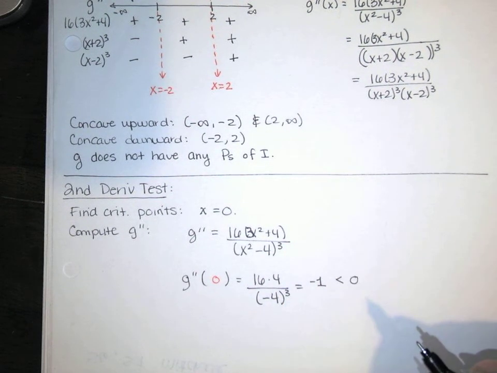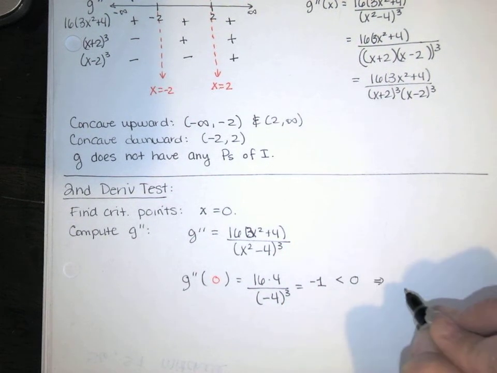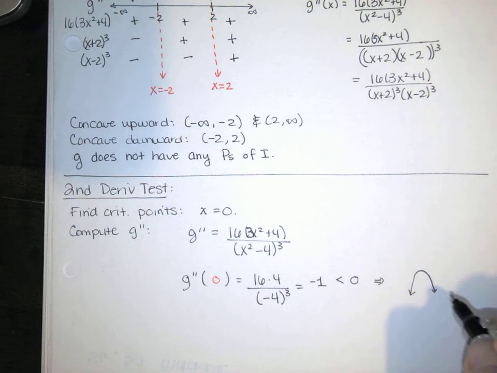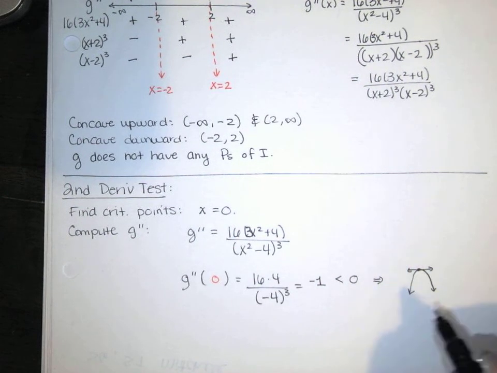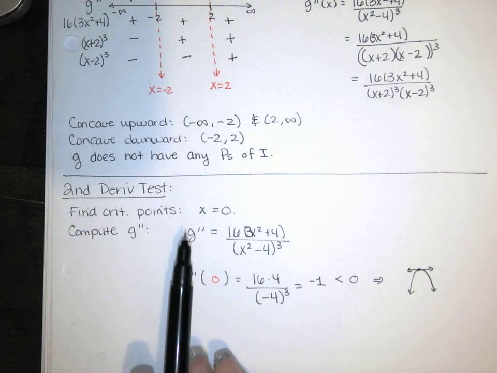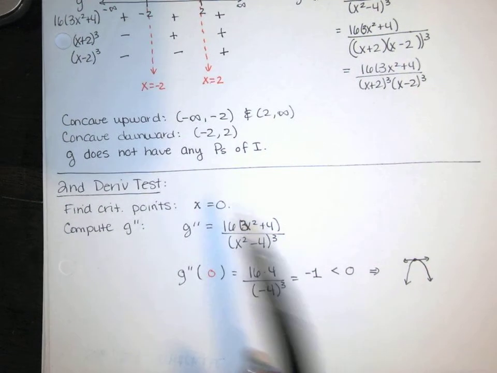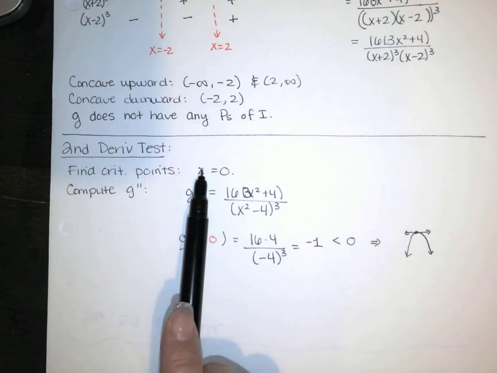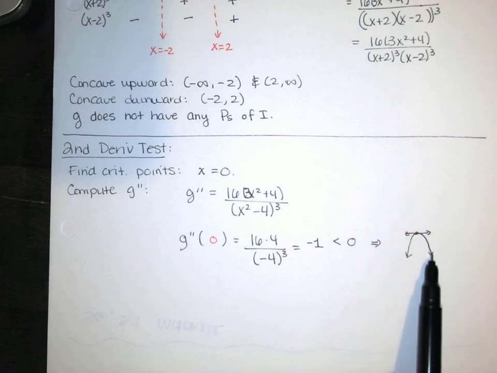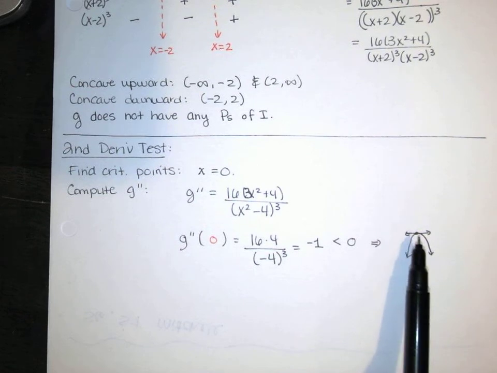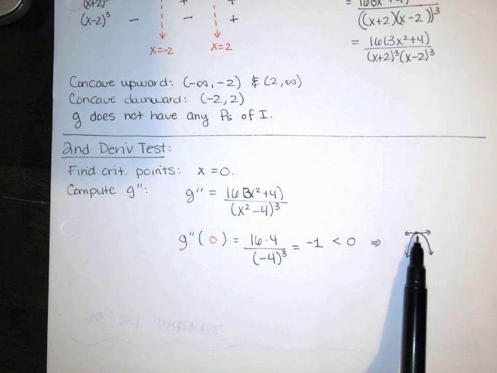What does that tell you? It tells you that the graph is concave downward, and the first derivative is 0 because we're at a critical point, we're at the top. So the graph is concave downward, we're at the top of the graph, so that has to be a relative max.